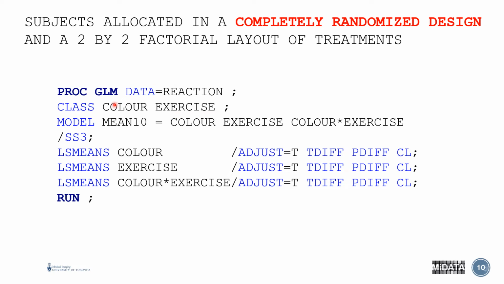We now have 2 class variables, one for color, one for exercise. These, of course, are included as independent variables in your model. And don't forget, we want to see if there's a significant interaction term, which means that there could be differences between the 4 different combinations. Once again, we ask for our LS means, in this case, for color on its own, for exercise on its own, and for the interaction.